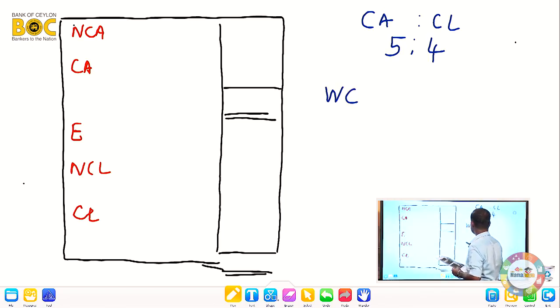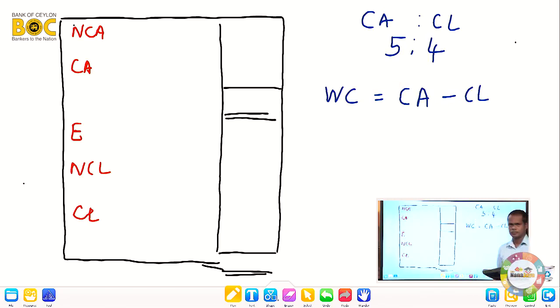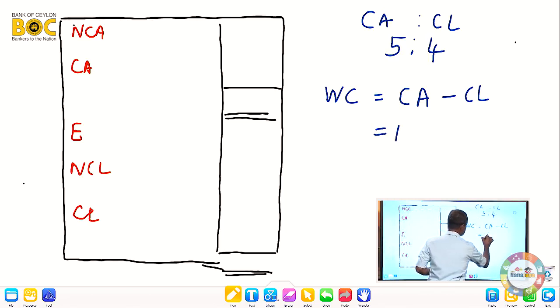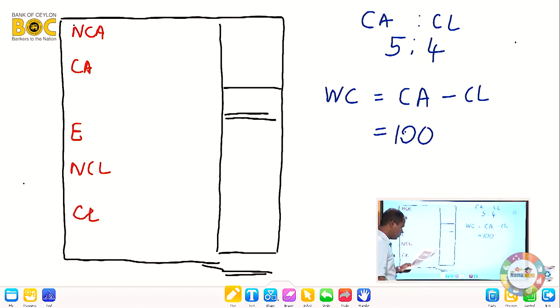How do you calculate working capital? Working capital equals current assets minus current liabilities. In this company, the gap between current assets and current liabilities is 100.